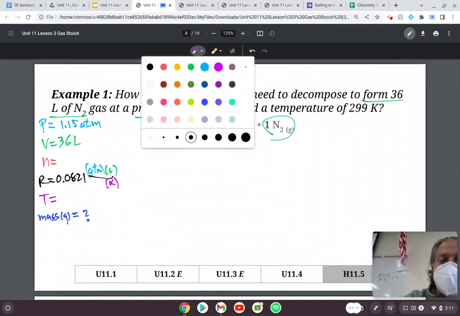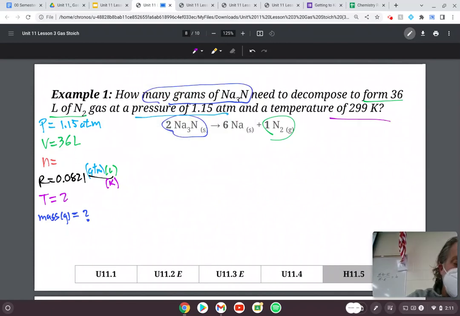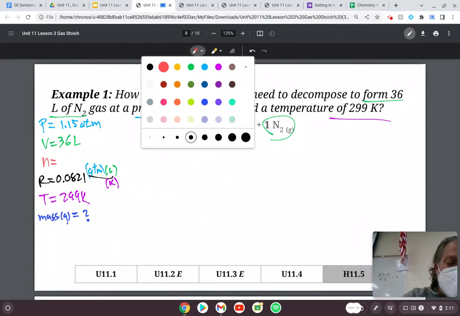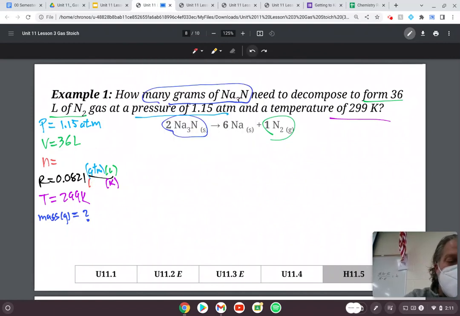And the temperature that the gas is collected at is 299 Kelvin. So in this problem, because we are solving for grams and we don't have grams in our problem, we are going to use the ideal gas law first.